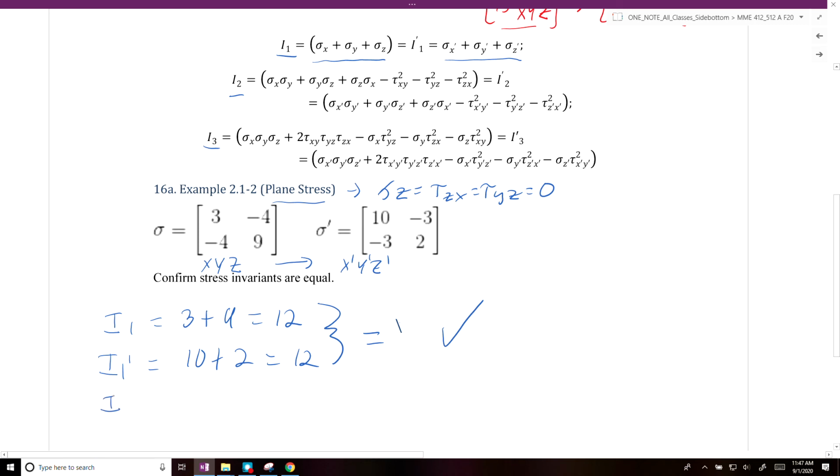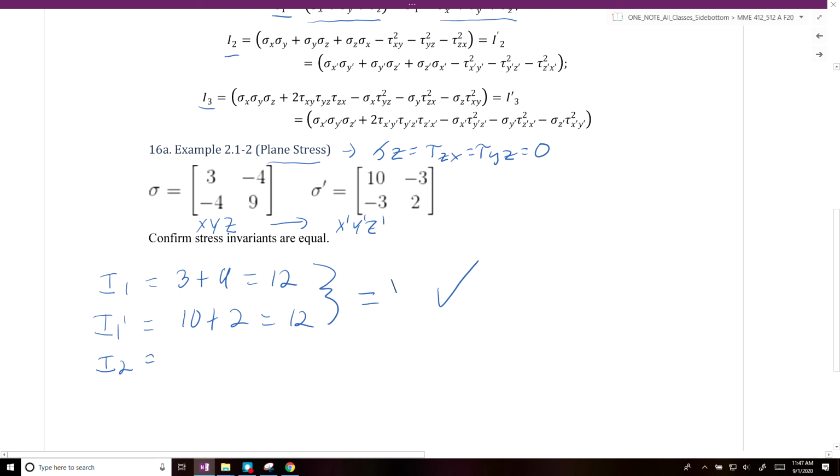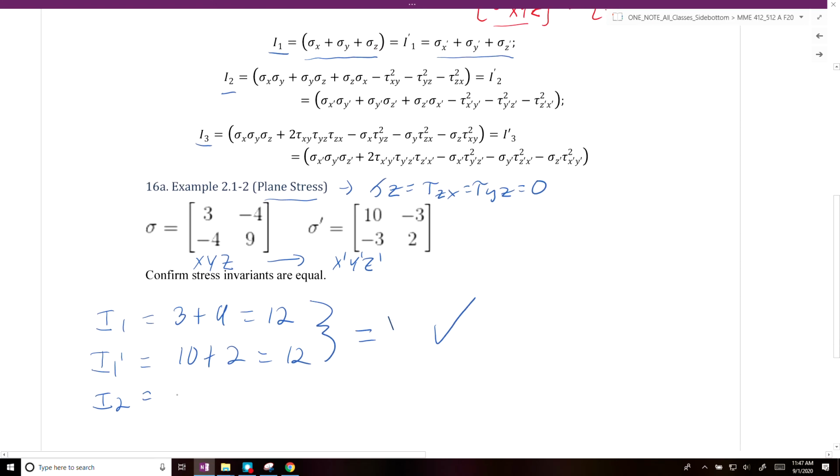We can do the same process for the second stress invariant, I2 and I2 prime. I2 is equal to sigma x times sigma y minus the square of our shear stress, which is -4. So we get 3 times 9, which is 27, minus 16, which is equal to 11.